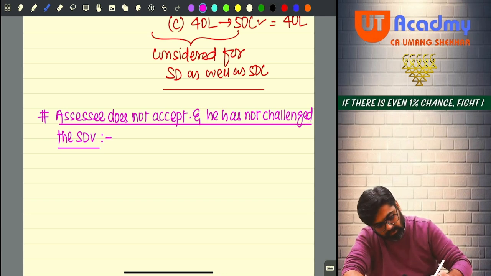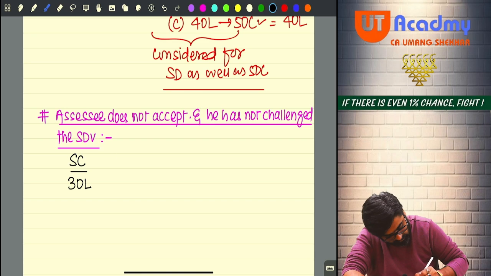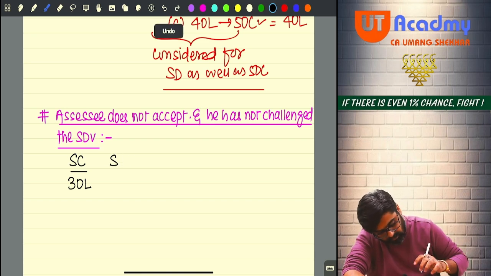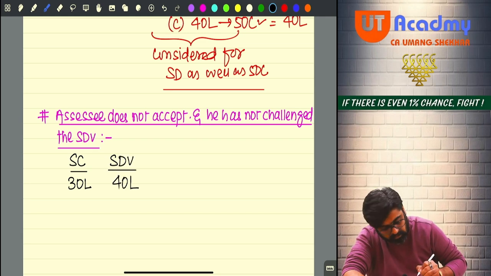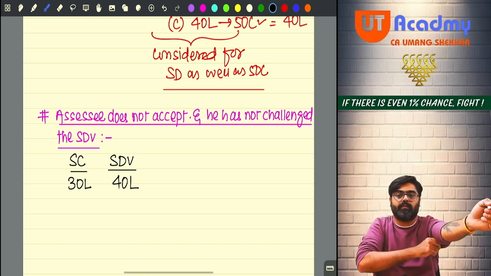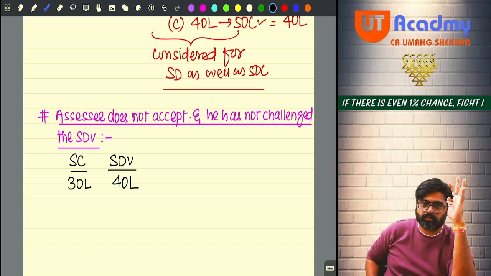What was your sale consideration? Come on, tell me. Your sale consideration was 30 lakhs. The stamp duty value which was supposed to be taken was how much? 40 lakhs. So the AO was saying that 40 lakhs is the stamp duty value. Do you accept this? No. You don't accept this.